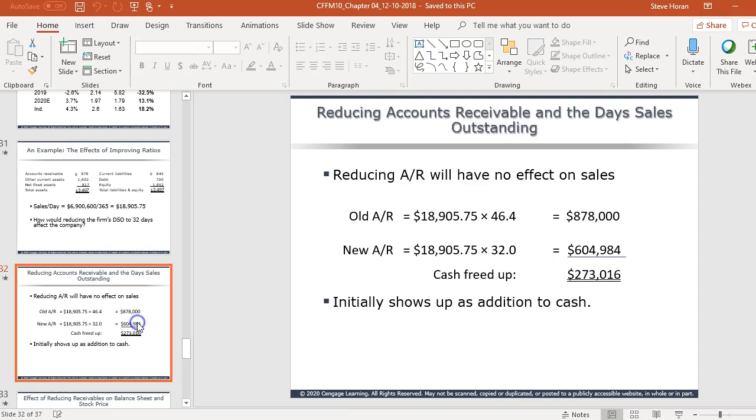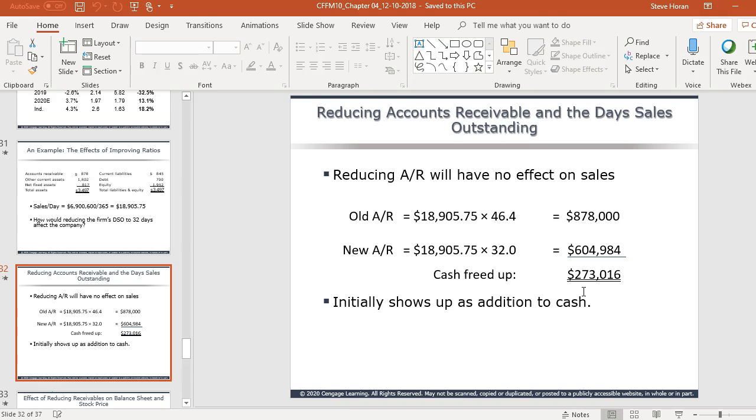18,905.75 is my sales per day. So under the old ratio, I'm at 878. Under 32 days, I'd be at 604. So I would eventually have my cash balance go up by $273,000. As I tightened up my credit and people paid me sooner, I'll have that much more cash. Now, keep in mind, there's an assumption there that I'm not losing customers, right?